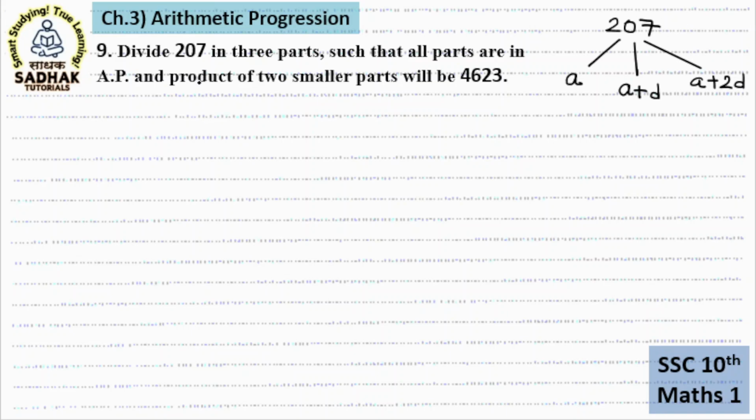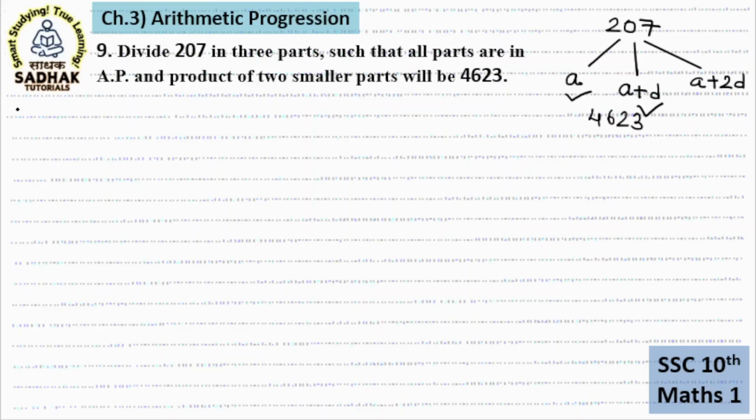Then they are saying that the product of the two smaller parts, that means the first part A and the second part A plus D, will be 4623. So this is the information that they are giving us. Fine. So we have to find these 3 parts.